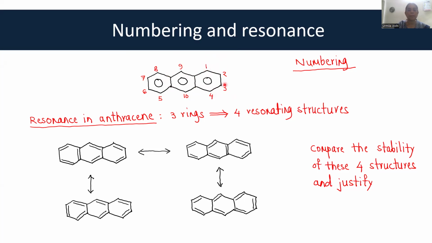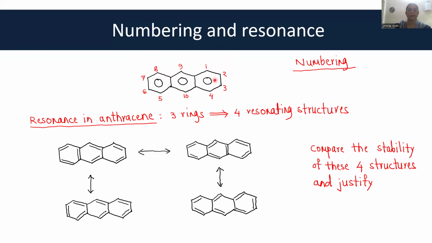Now, after numbering this right-hand side ring, if we number this as number 5, then 6, 7, 8, 9, that will not be appropriate because we are not numbering the carbons of the same ring in continuation. Okay, and we cannot jump from here to here and then go over here. So what we are doing, 1, 2, 3, 4, then leave aside the central ring, 5, 6, 7, 8.